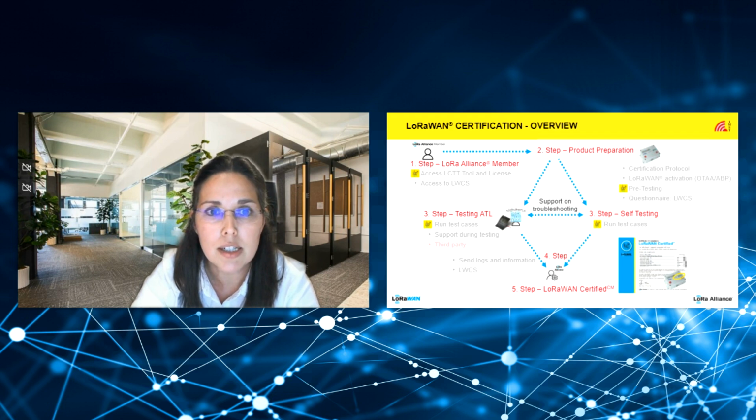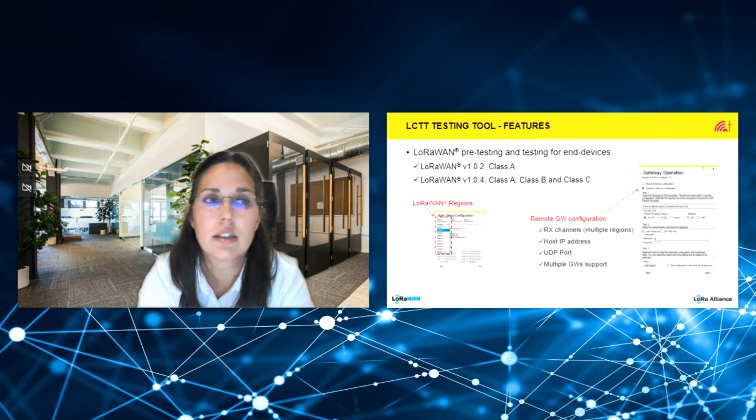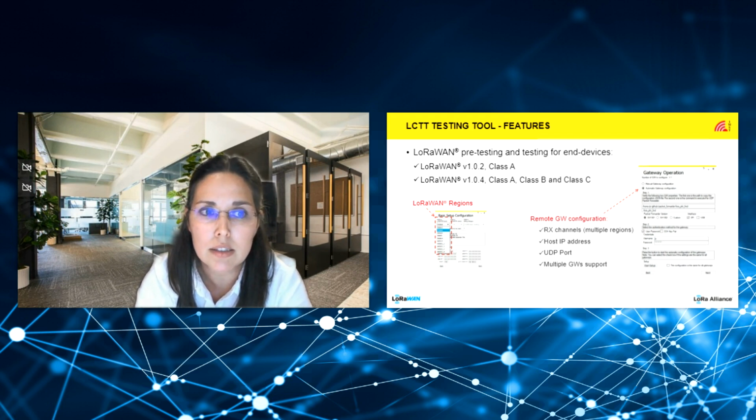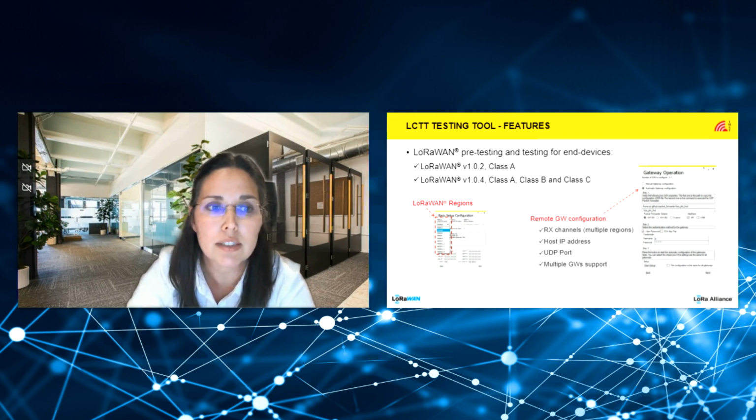So this is a really quick overview of the whole certification process. Now, into the LCTT testing tool, the main features are that any LoRaWAN version and class can be selected. You could also select different regions, so all the regions defined in the regional parameters document are available there.